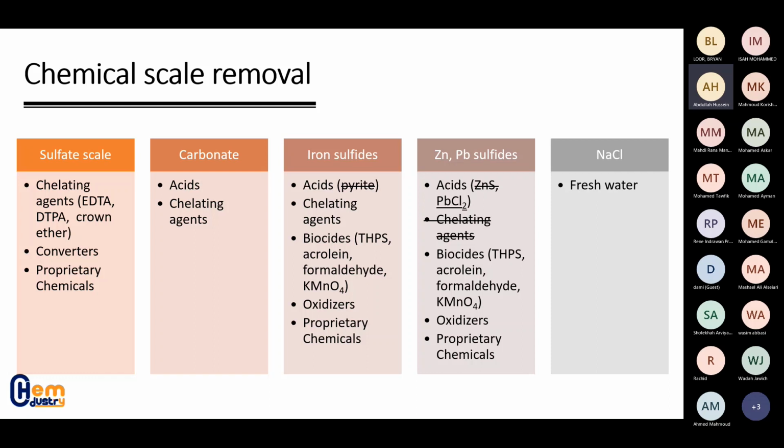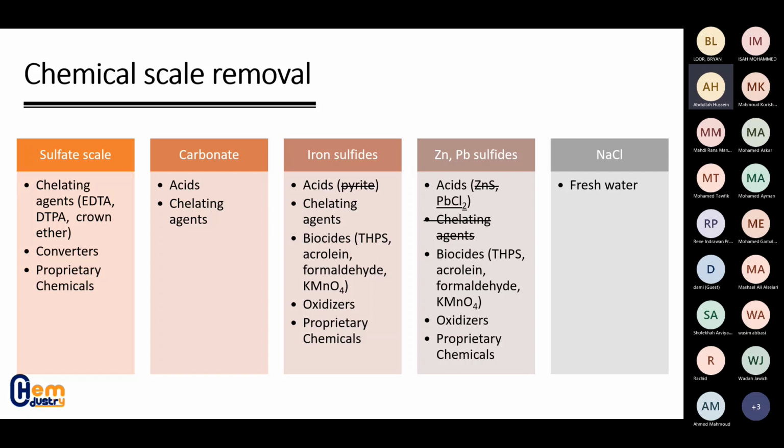So be careful whenever you use acid with zinc and lead sulfide. Chelating agents are really slow in dissolving zinc and lead sulfides. The biocides are really efficient, but they can be corrosive. For the oxidizers and the polymeric materials, there are not a lot of case studies.